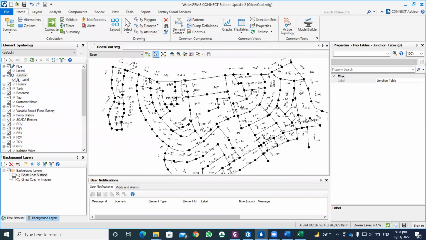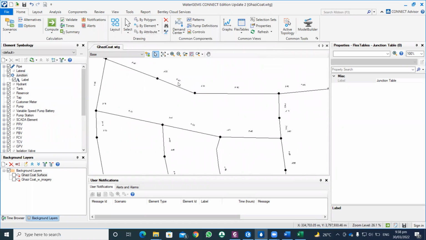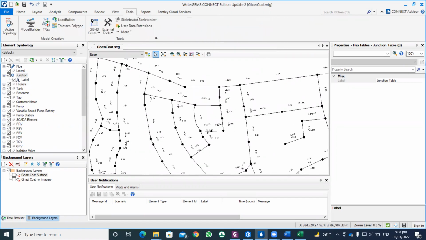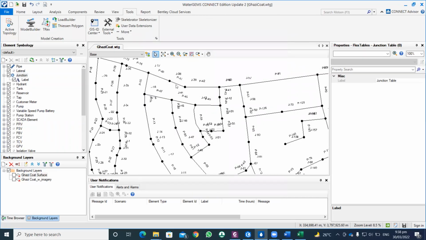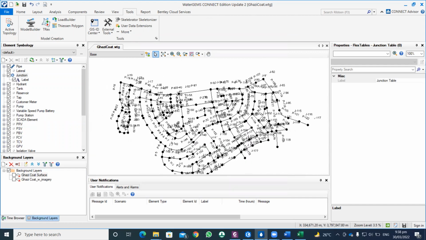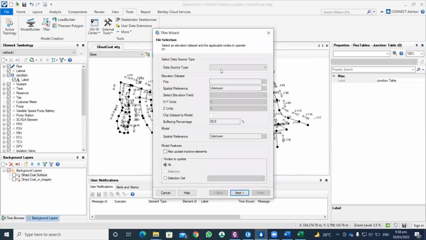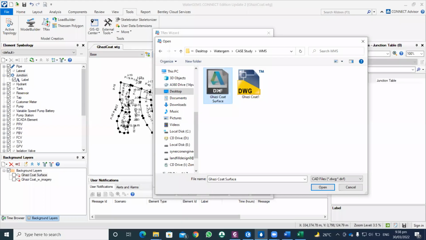Now the elevations have not been assigned to each junction. Therefore, I want to assign these elevations. I will be using the DXF contours. The file is in the WMS folder. This is the Ghazi-coat surface.